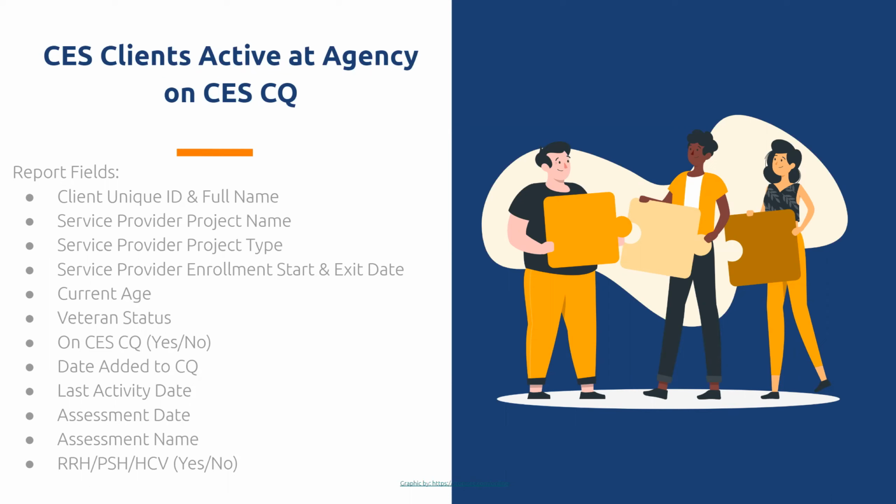And then the last 3 columns are for rapid rehousing, permanent supportive housing, or housing choice voucher, yes or no to any of these 3 columns.